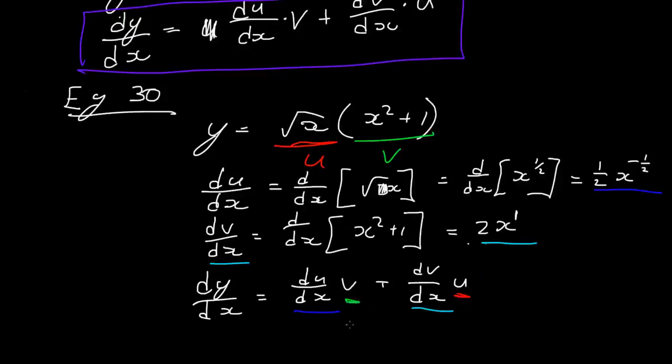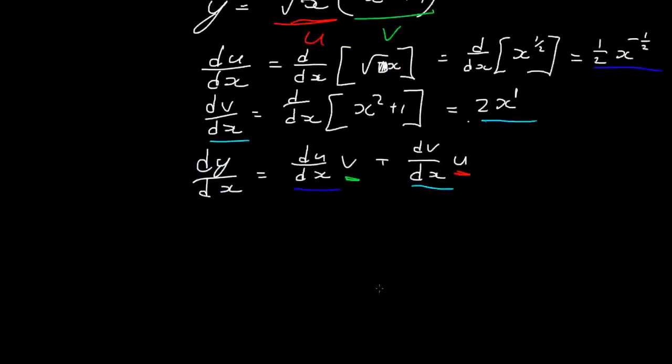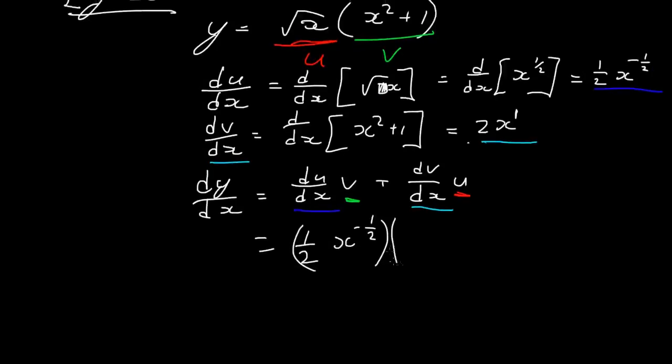So we can just substitute the values in, multiply out, and we'll be done. So, du by dx is 1/2 x to the negative a half, times v, which is x squared plus 1, plus dv by dx is 2x, times u, which is x to the half, or root x.